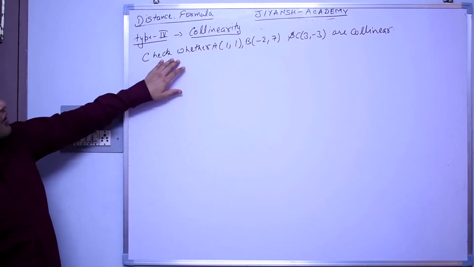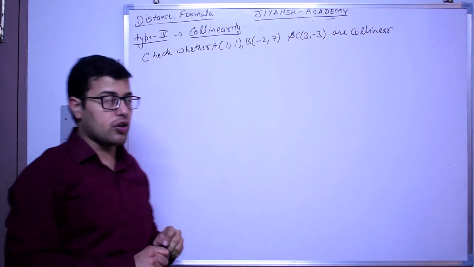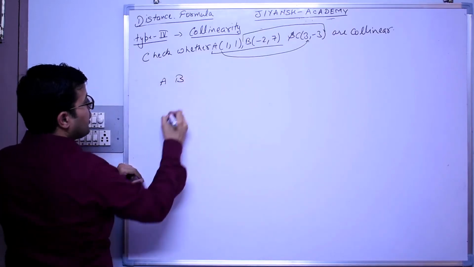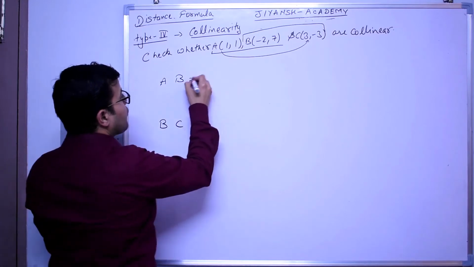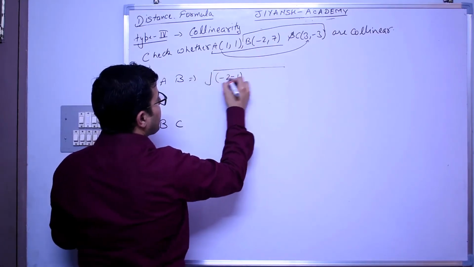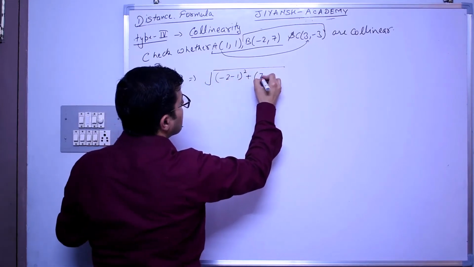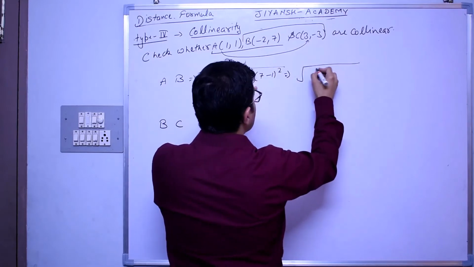So the question comes like this: check whether A, B, C are collinear or not. We'll first apply it on AB, then we'll do it for BC, and then for AC. Now for AB, it will be minus 2 minus 1 square plus 7 minus 1 square. This becomes minus 3 square, that is 9.